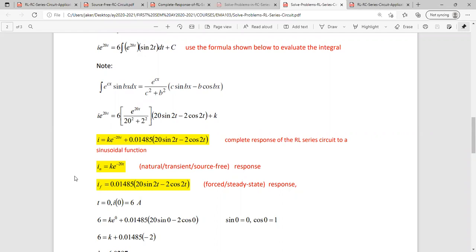So we can have R and L, or we can have R and C. You can view these documents later or tomorrow, and should you have any questions or clarifications, feel free to ask me.